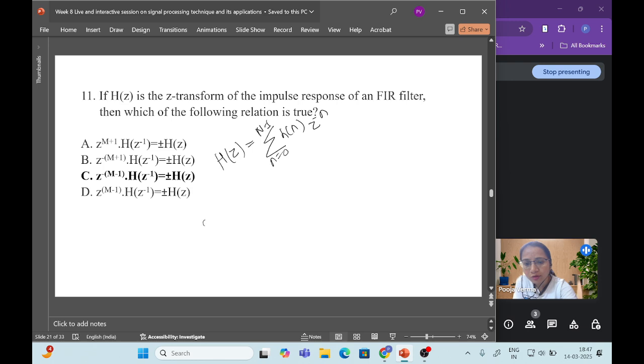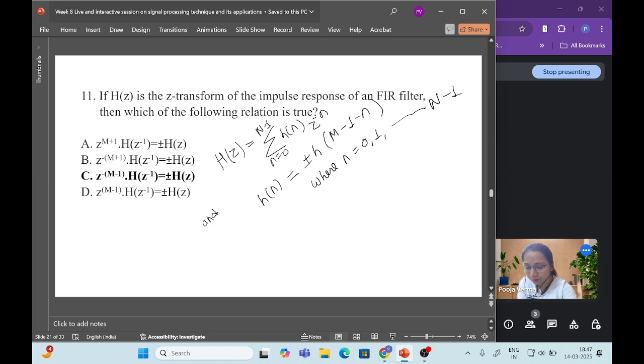Also it holds the symmetry and anti-symmetry property, that is h of n is equal to plus or minus h of M minus 1 minus n, where n varies from 0 to M minus 1.